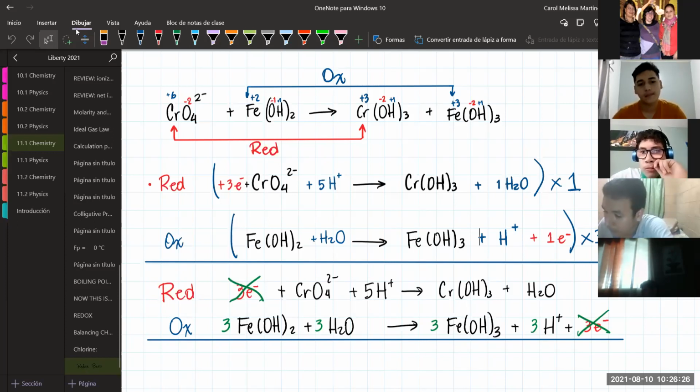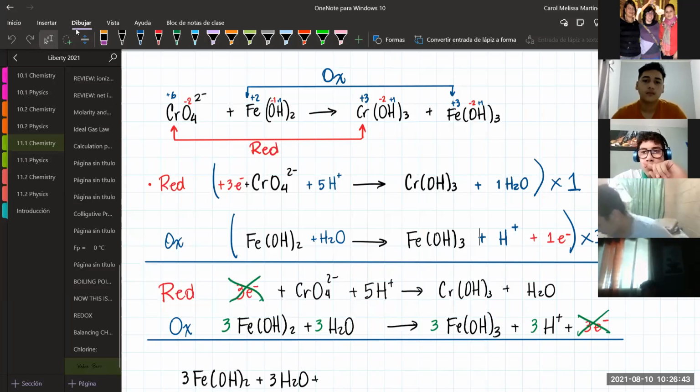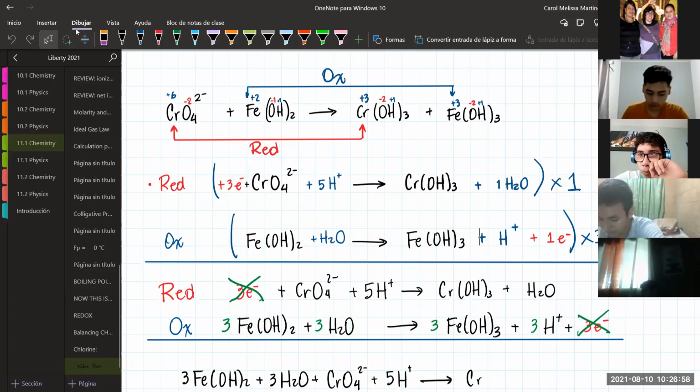So this is going to be so I just put everything together, okay? Everything in the reactants and everything in the products. Here you can do it exactly without the electrons because they were already cancelled.